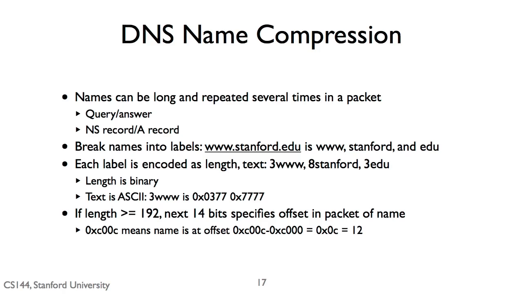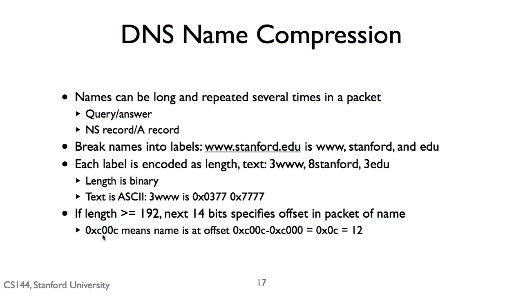The way to think of this is that if I see the first 2 bits of the length, so 128 plus 64 is 192, are 1, 1, then this length field is actually 2 bytes long, and the later 14 bits specify an offset into the packet.